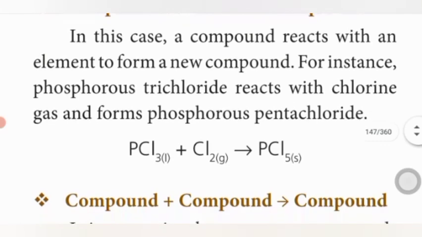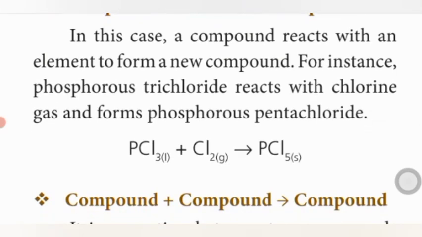For example, phosphorus trichloride, formula PCl3, reacts with chlorine gas, formula Cl2, and both reactants combine to form phosphorus pentachloride, formula PCl5.